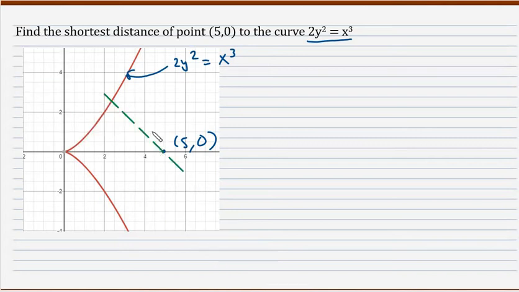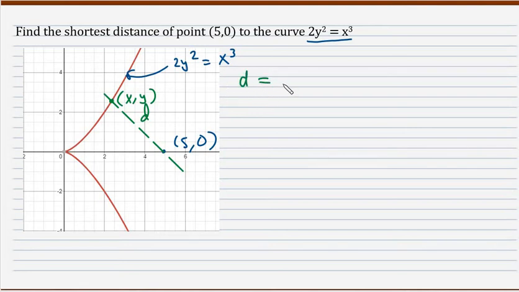I'm not saying that this is the shortest distance at the moment, but just to illustrate, if I draw a line, I want the distance that would be the shortest from this point to the graph at hand, 2y squared is equal to x cubed. So we also have a corresponding unknown point (x, y) on the graph, from which we could solve for the distance.